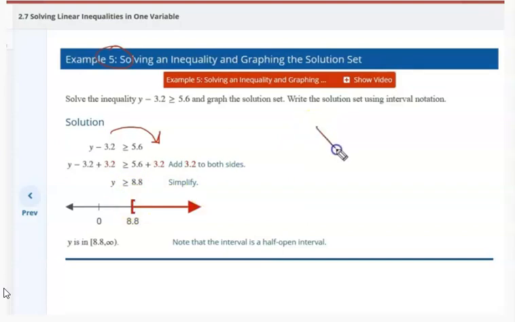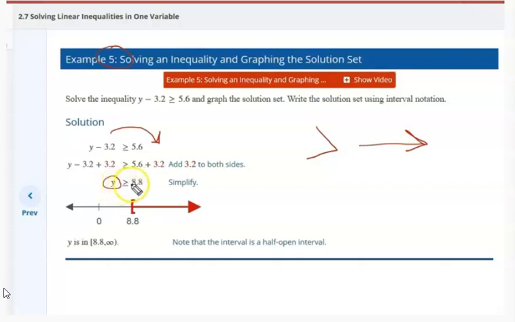Because of the inequality sign, we're using a bracket. One of the hints one of my colleagues sometimes mentioned is that when you see the inequality sign and the point is on this side, that indicates which direction the inequality line will go. It kind of follows the point, as long as your variable is positive, which is what we always want.